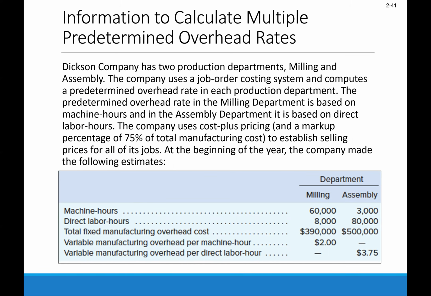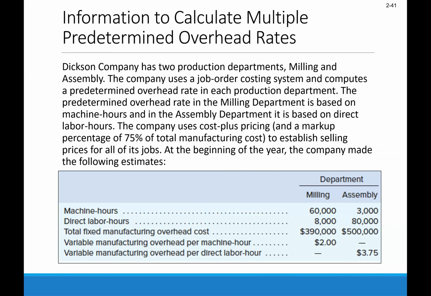The company uses a job order costing system and computes a predetermined overhead rate in each production department. The predetermined overhead rate in the milling department is based on machine hours, and in the assembly department, it's based on direct labor hours. The company uses cost plus pricing and a markup percentage of 75% of total manufacturing costs to establish the selling prices.